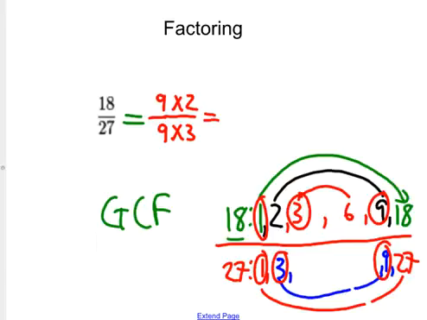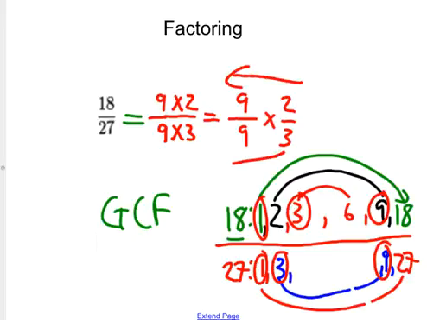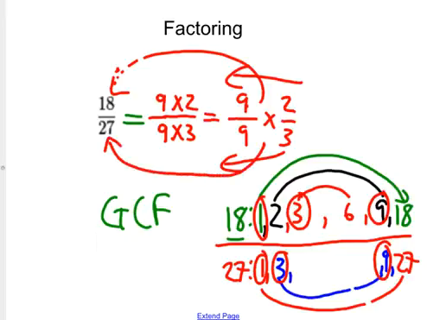If I decompose it a little bit more, I can pull apart the 9s from the 2 and the 3. So I have 9 over 9 times 2 over 3. This is completely legal because when I multiply fractions, I multiply across the top and across the bottom. So 2 times 9 is equal to 18, and 9 times 3 is equal to 27.